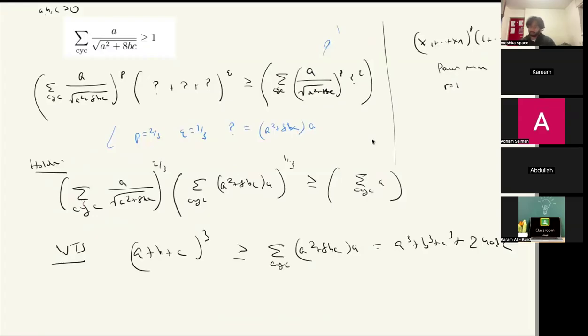Which is true by Muirhead, right? You cancel the a cubed, b cubed, c cubed, and on this side you're left with 2, 1, 0, and here you're left with 1, 1, 1. So it's true. Does it make sense?